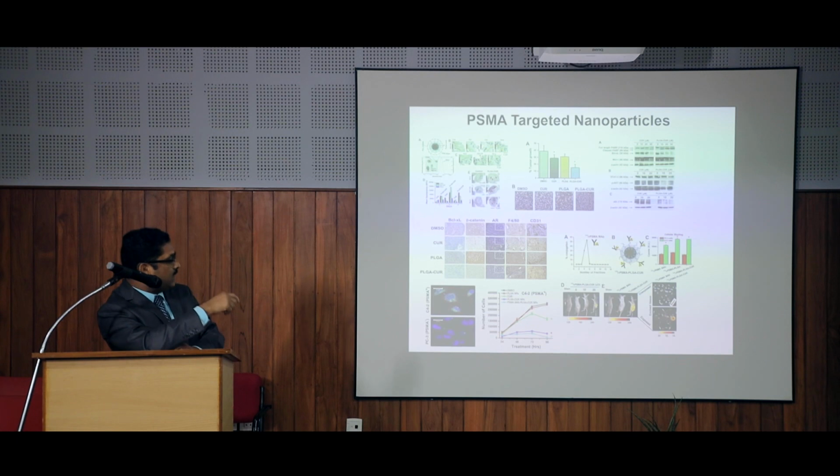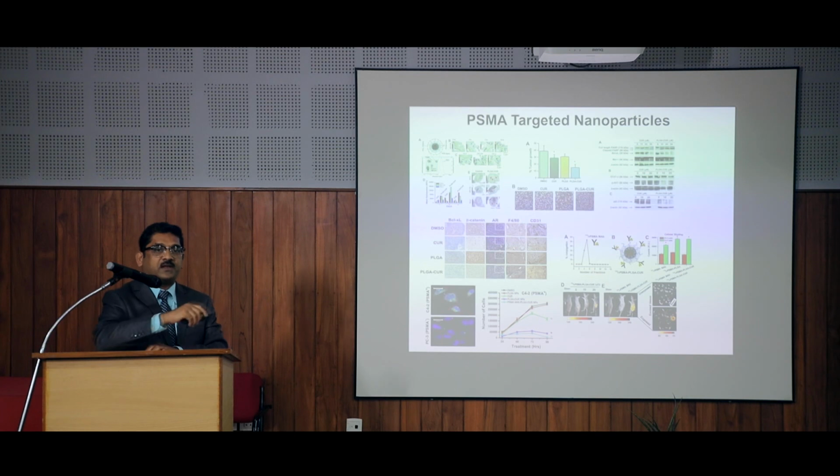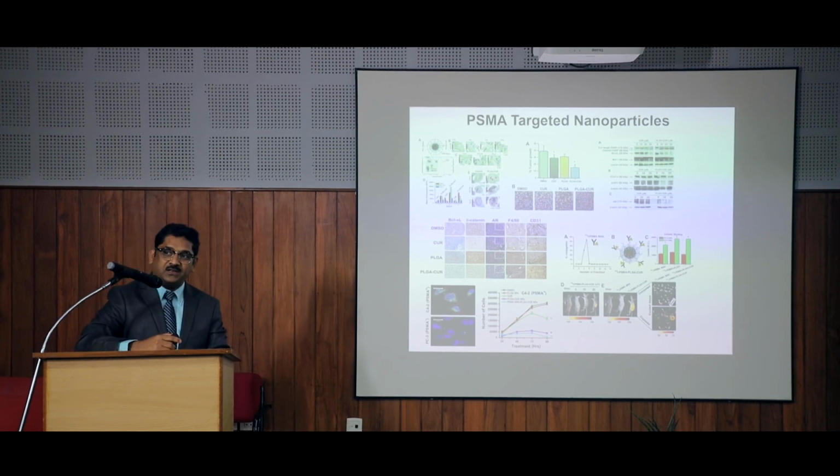We tested right from cell line models to animal models, and we also tagged it with the PSMA antibody that particularly recognizes prostate cancer cells, because almost all prostate cancer cells express the PSMA protein. So this is one of the best targets.